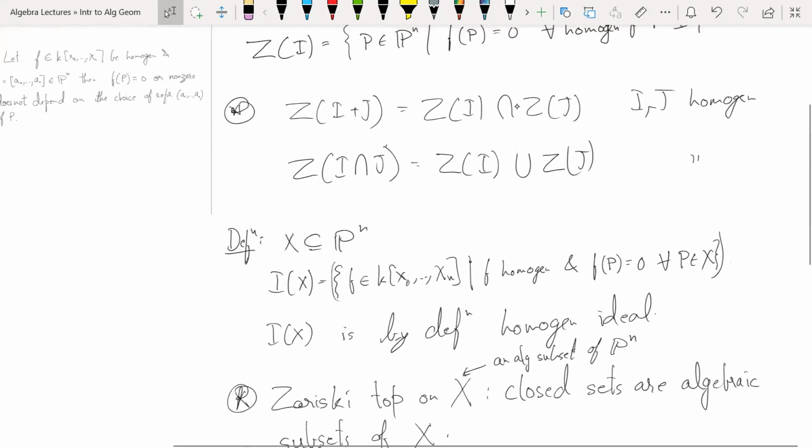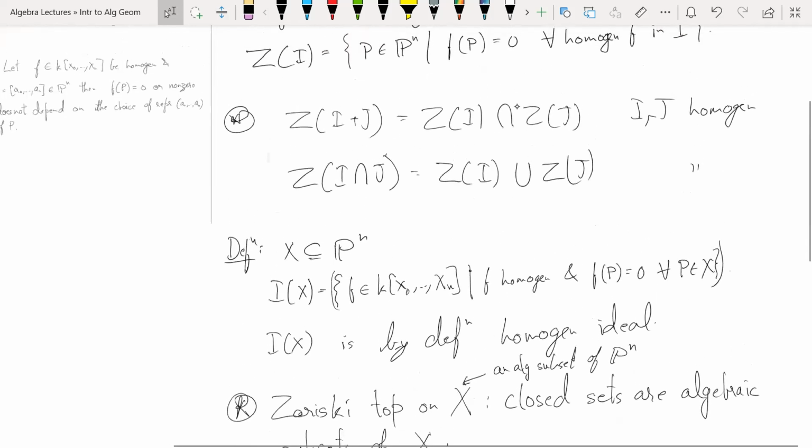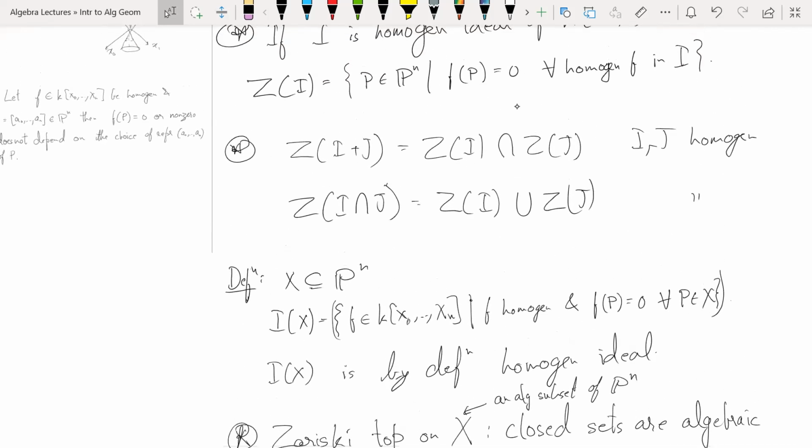One has to check that this is again a Zariski topology. But you remember we used this property, this statement star, to say that finite unions of closed sets are closed and arbitrary intersections are closed. Here we have done two ideals, but you can do an arbitrary number of ideals, and this identity still works, the first identity.